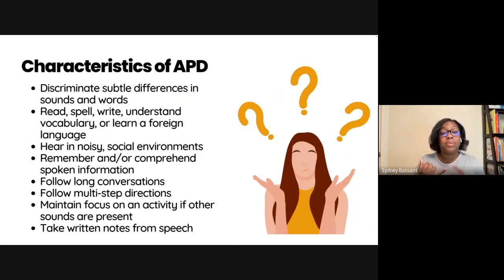We might see challenges with reading and spelling, in addition to trying to learn a foreign language. Listening in noisy environments. We oftentimes see that, especially when it comes to social interactions, if people are trying to talk to multiple people at once, like I said before, if we have music going on in the background or the TV going on. But think about this in the school setting, right?